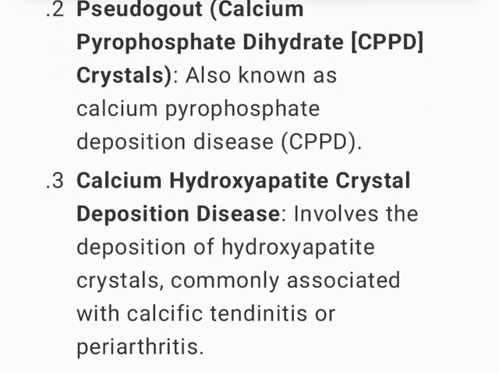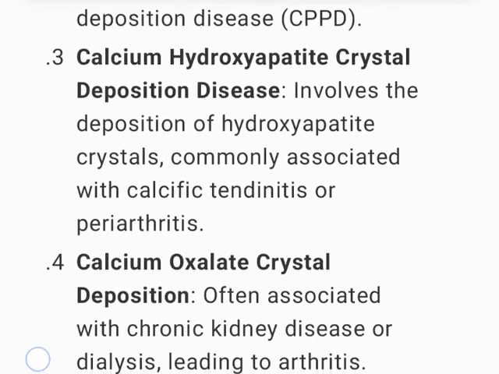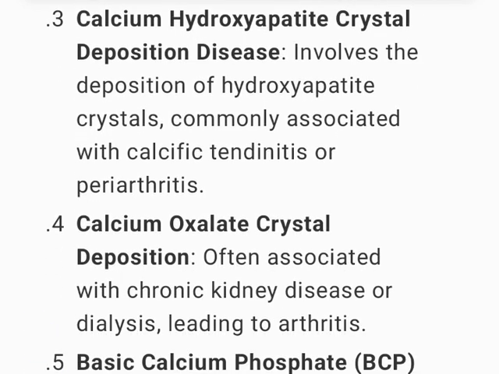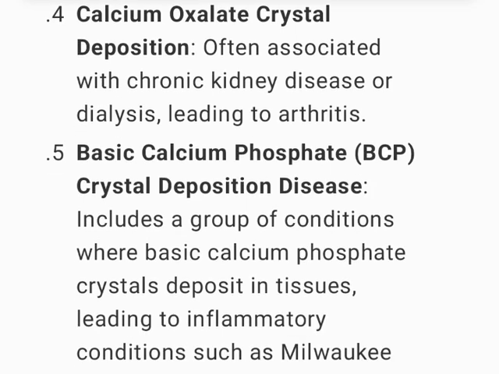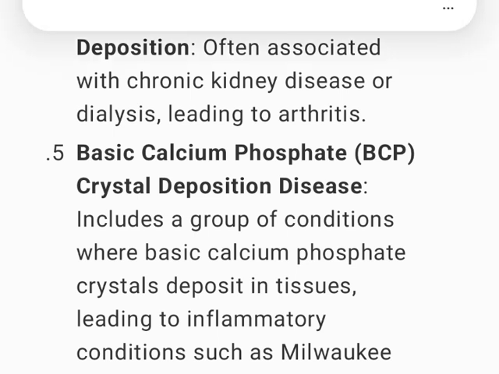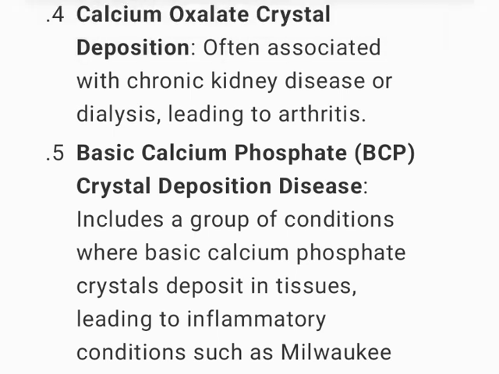3. Calcium hydroxyapatite crystal deposition disease involves the deposition of hydroxyapatite crystals, commonly associated with calcific tendinitis or periarthritis. 4. Calcium oxalate crystal deposition, often associated with chronic kidney disease or dialysis, leading to arthritis. 5.